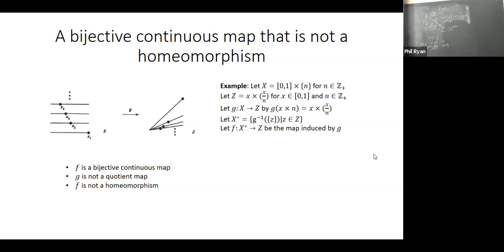Any open set here is going to go to an open set here, because the only problem is going to be the origin. The pre-image of the origin is these points here. But any neighborhood of the origin is going to intersect every line segment. So it includes all the origins here, but also some open start to every interval. So this map is going to be continuous.